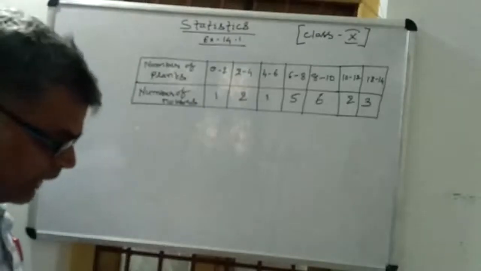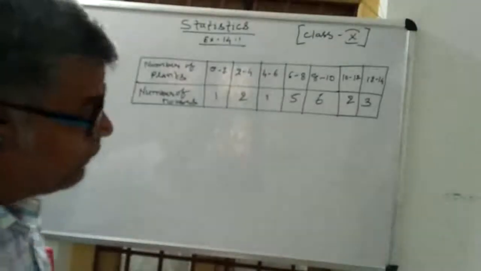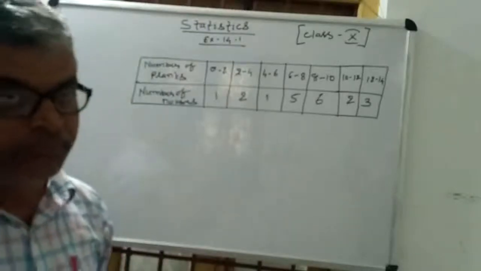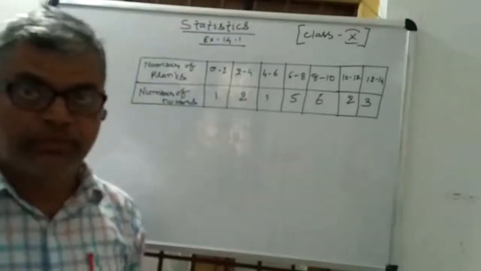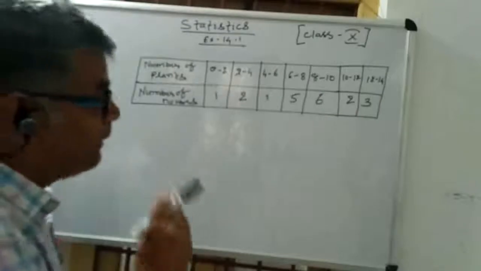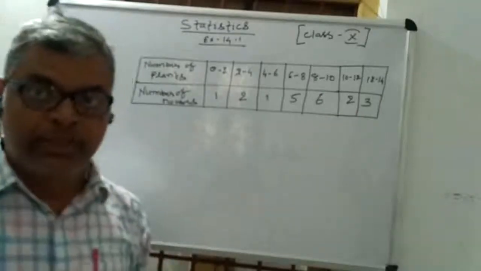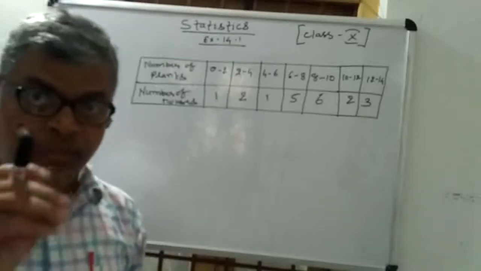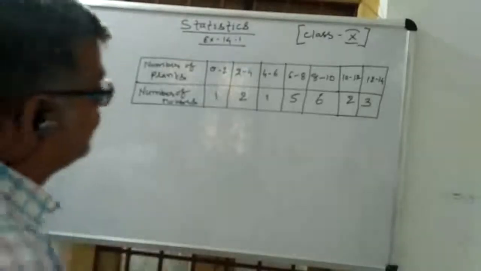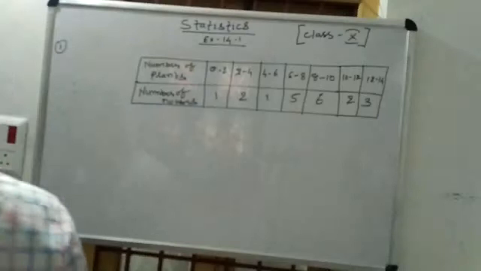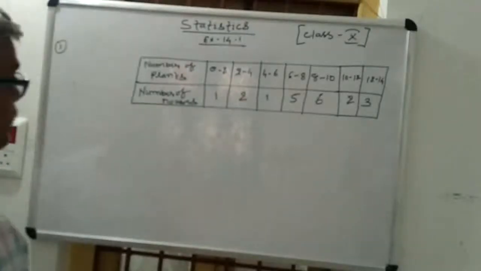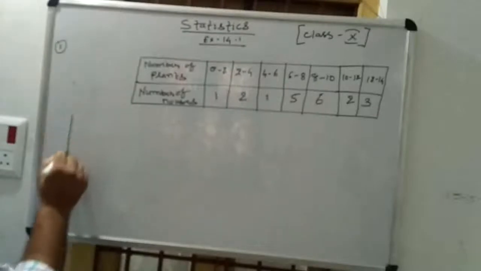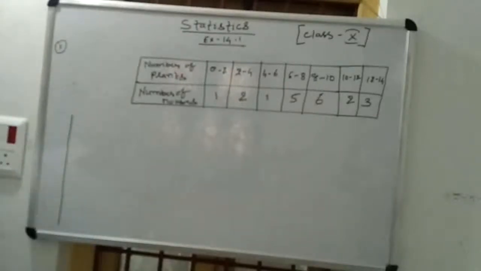Now the question is asking to find the mean value of the number of plants surrounding per house. So let's see how this can be solved. First you again draw a table vertically.